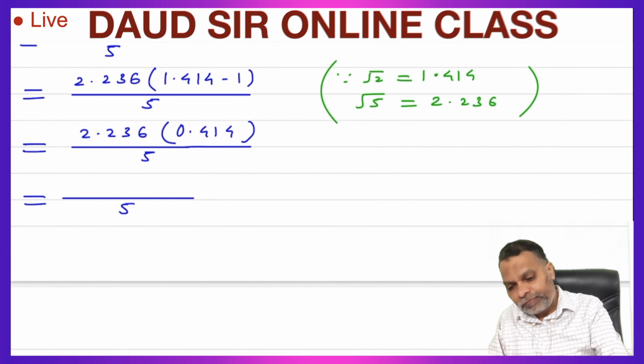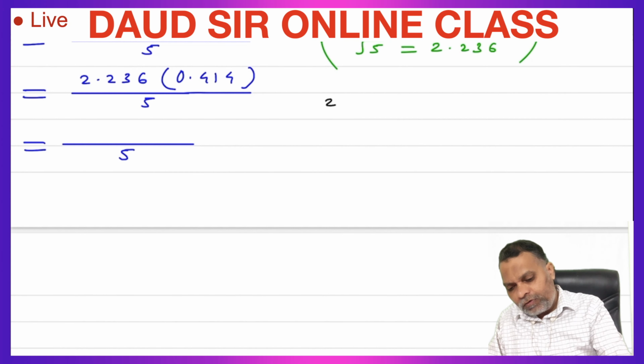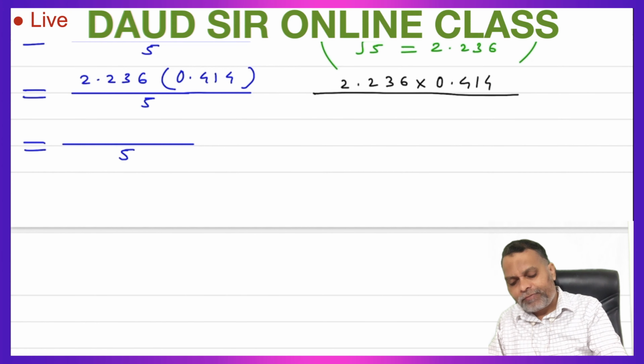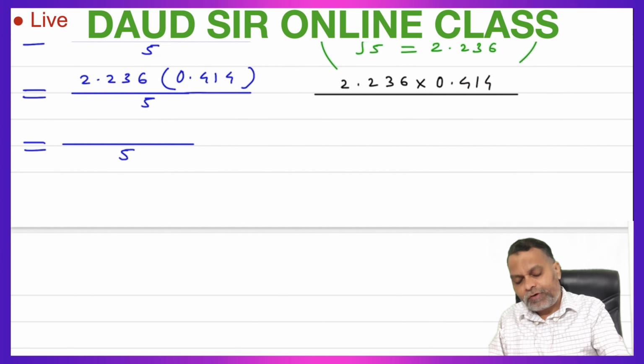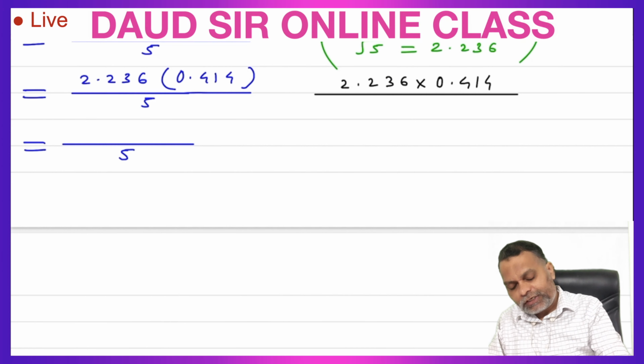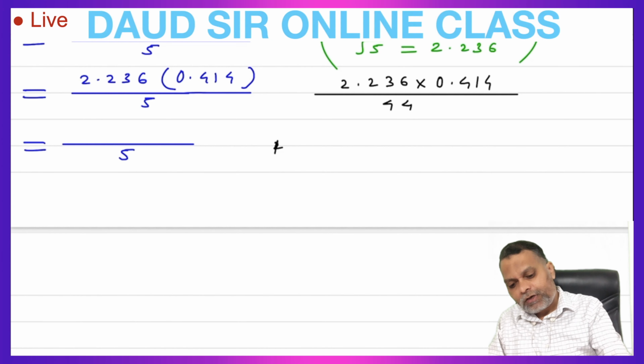Dividing by 5. 2.236 multiplied by 0.414. First we multiply, then finally we can put the decimal after 1, 2, 3, 4, 5, 6 digits from unit place. Multiplying by 4, 4 6s are 24, 2 carry over 2, 4 3s are 12 plus 2, 14, 4 carry over 1, 4 2s are 8 plus 1, 9, and 4 2s are 8.